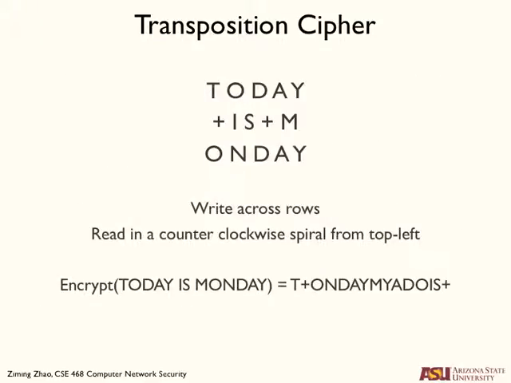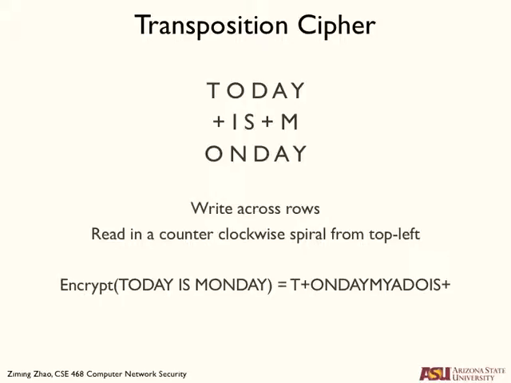Here is one example. The plaintext we are using is "today is Monday". I'm using a plus to replace white space, which will be clearer for us. So we write it this way, with every row having 5 characters. Then we read it in a counterclockwise style from the top left.